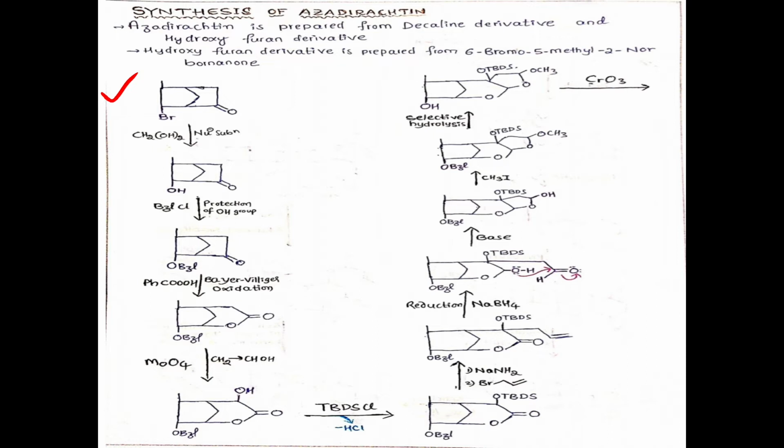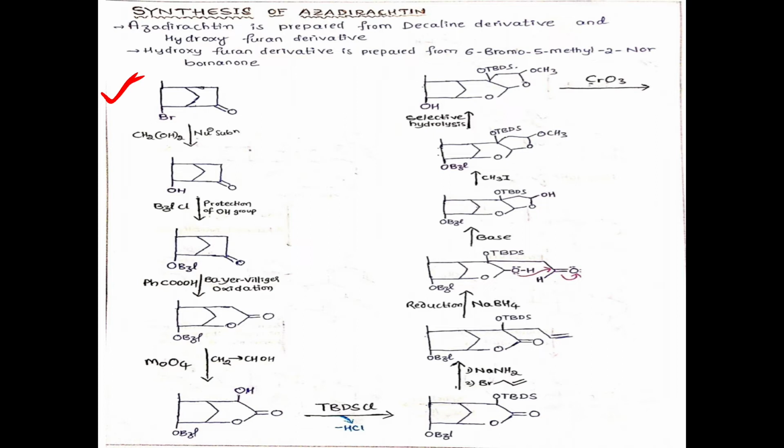First of all, the 6-bromo-5-methyl-2-norbornanone is treated with dihydroxymethane. On treatment with dihydroxymethane, nucleophilic substitution occurs. The bromine atom in the substrate is replaced by the hydroxy group from the reagent, which acts as a nucleophile.